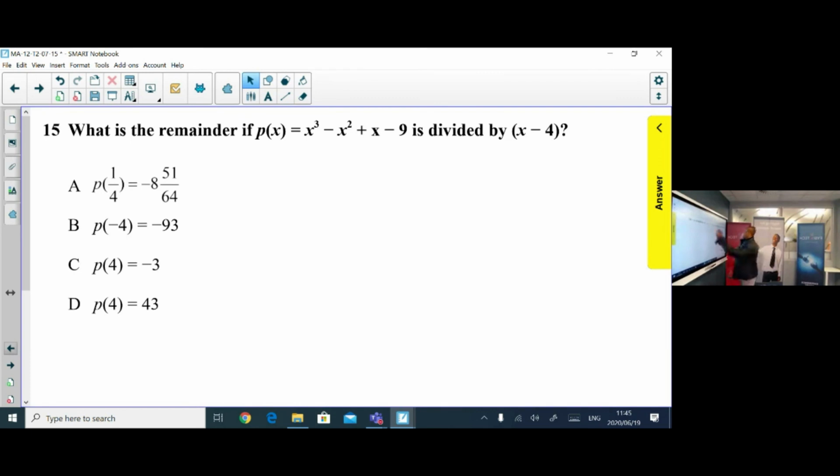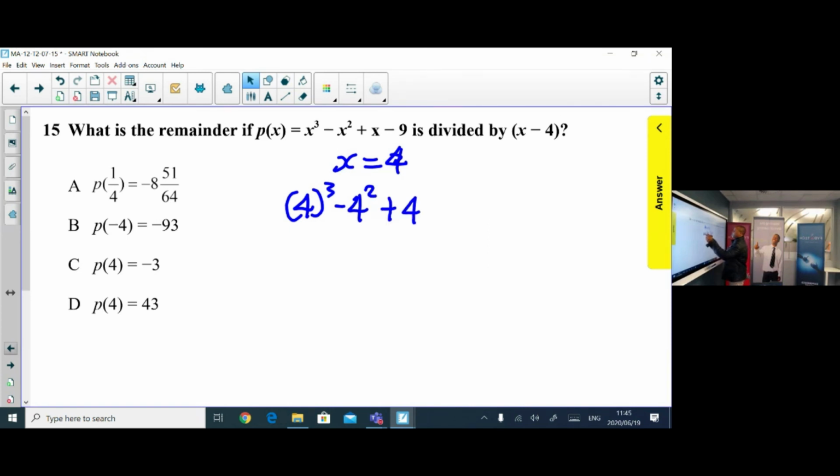To finish up with this one, let's do it together. We just say x equals 4, and then 4 cubed minus 4 squared plus 4 minus 9. Those with a calculator should help us to get a final answer here.